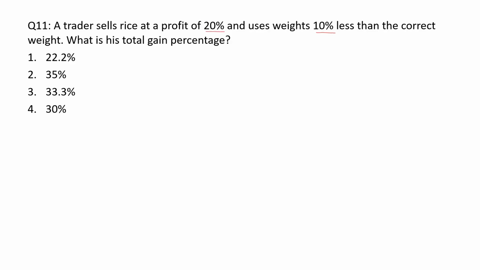As I told you, instead of 1000 gram of the product, he's just giving 900 grams of the product at the same price of 1000 grams, because that is what 10% less means here. So now, what is the profit? Profit is equal to selling price minus cost, or the buying price.